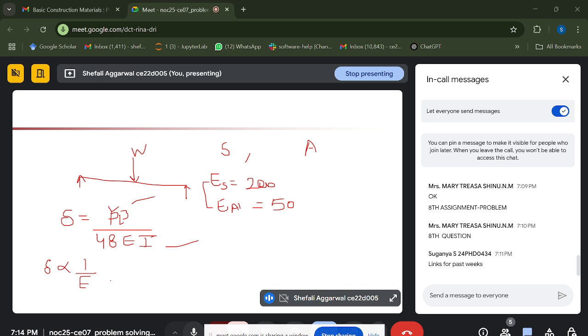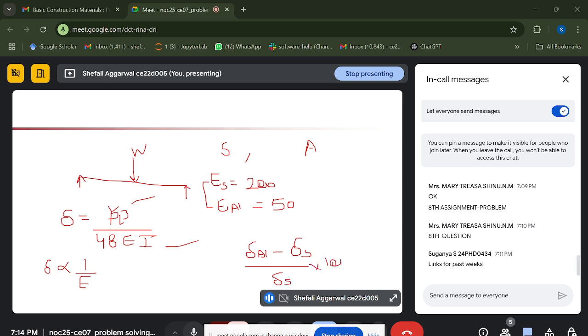Now what is asked is the percentage increase in deflection of aluminium compared to steel. So it will be the difference divided by steel, compared to steel, into 100.